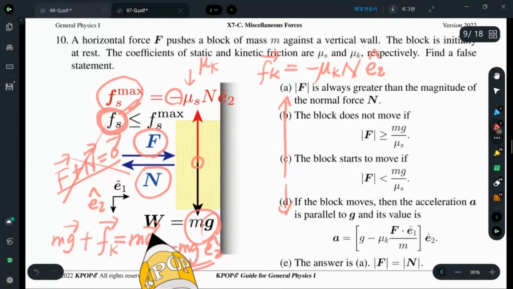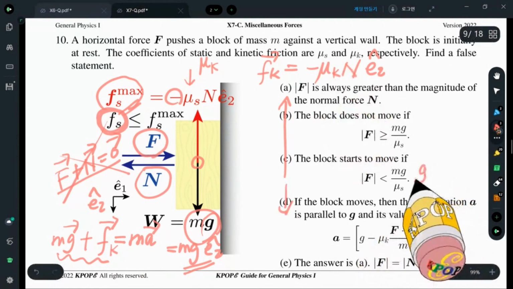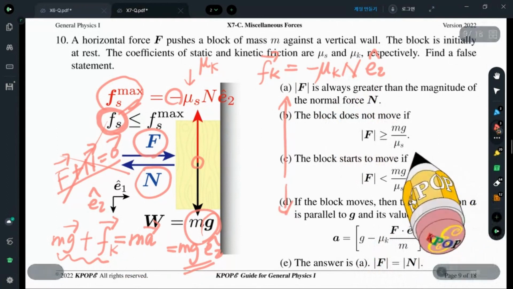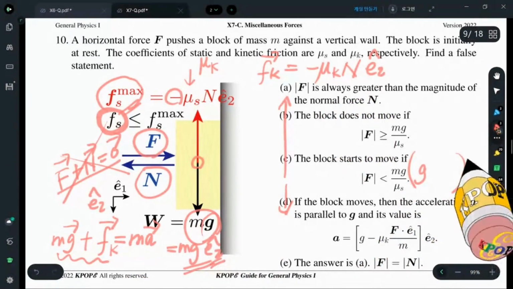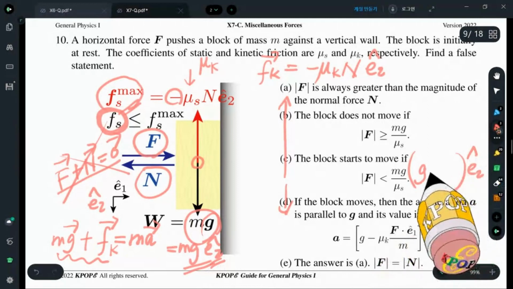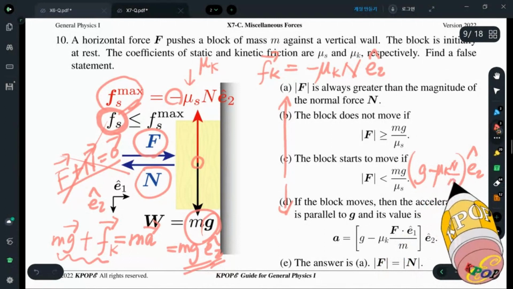Okay? If I substitute these values, then what I get is a equals g parallel to E2 hat minus mu k N over m.